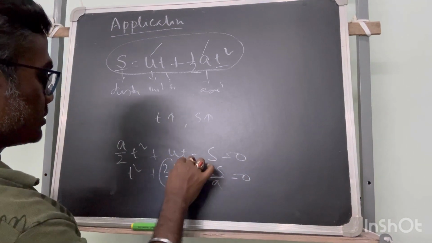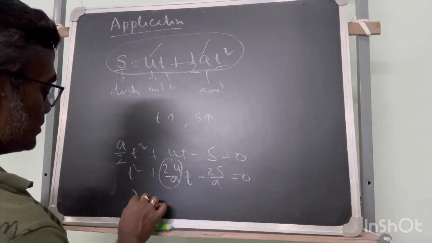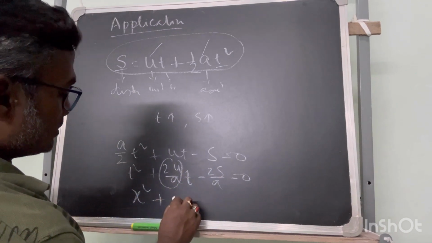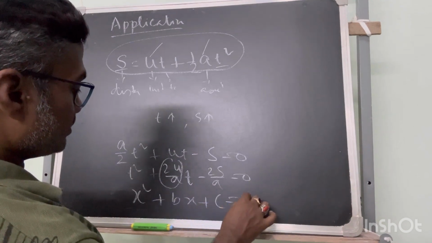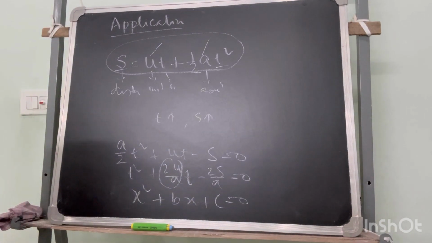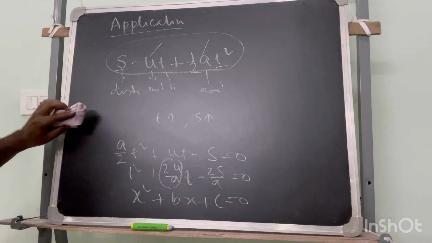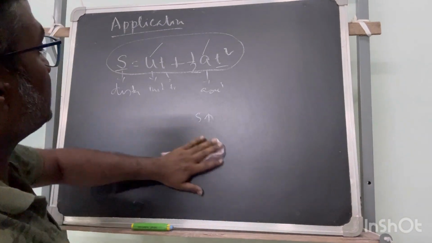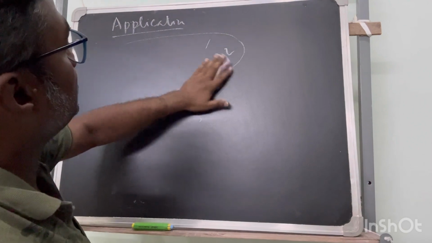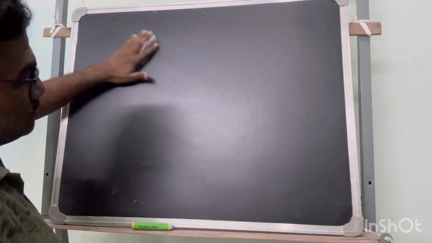Now see, these are constants, this is t, so this is in the form of x square plus bx plus c. So this is a quadratic equation. This is another such example. There may be so many examples I can fetch, but for understanding I have shown you these two. I will move on to the problem solving session in the next video.